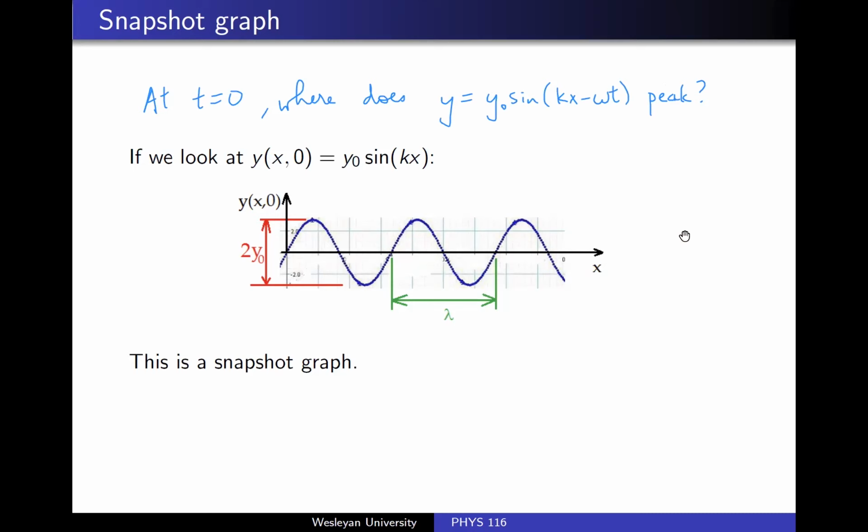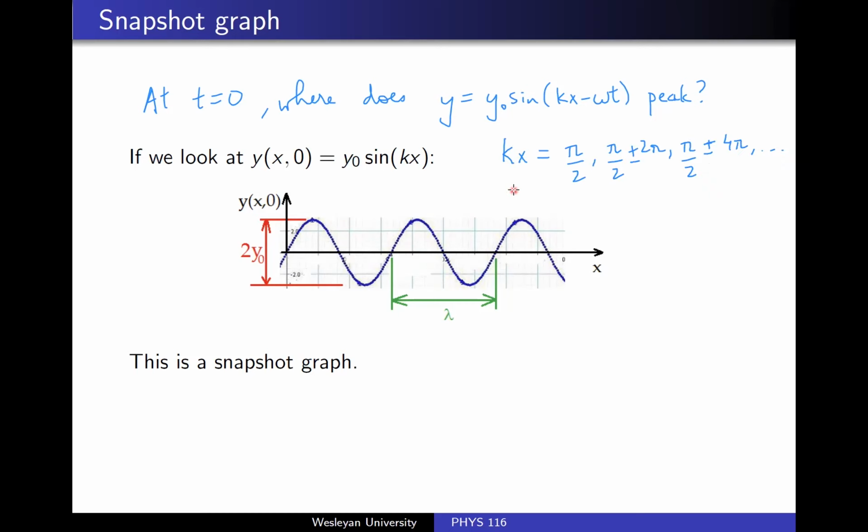We can take a snapshot of the wave at a given moment, say t equals 0, and ask where the peaks of that function lie. Since we are looking at t equals 0, the function simplifies to just y naught times sine kx.